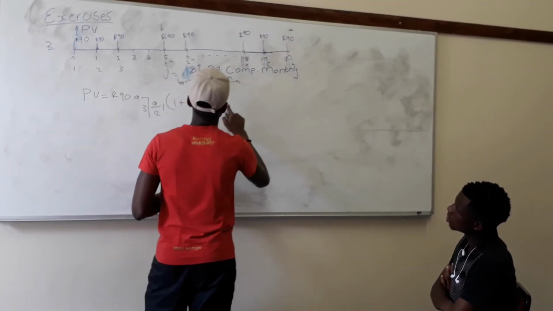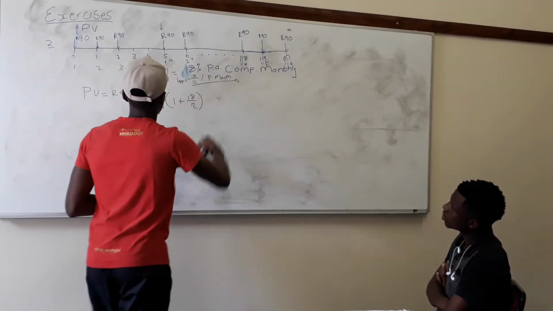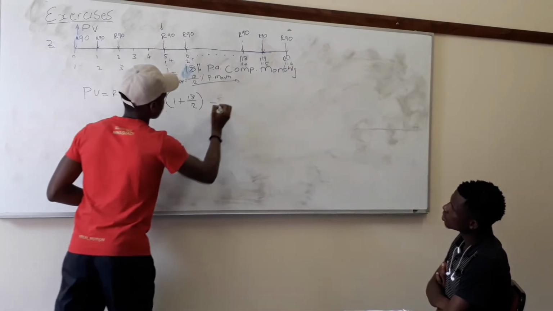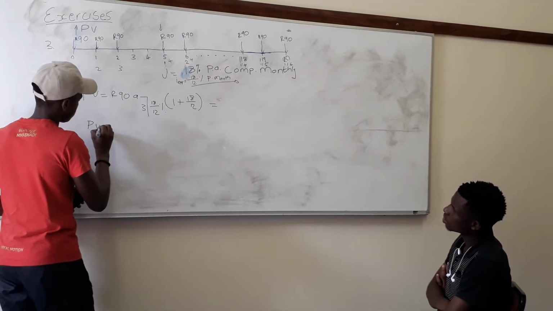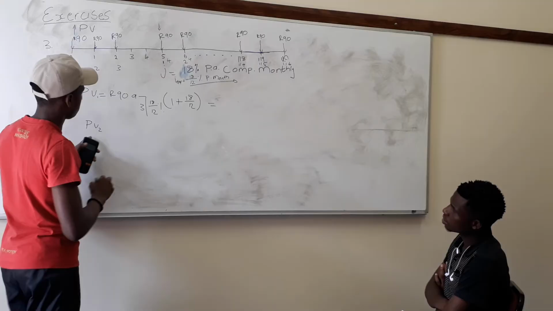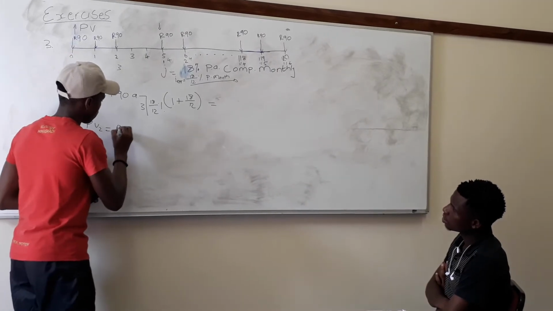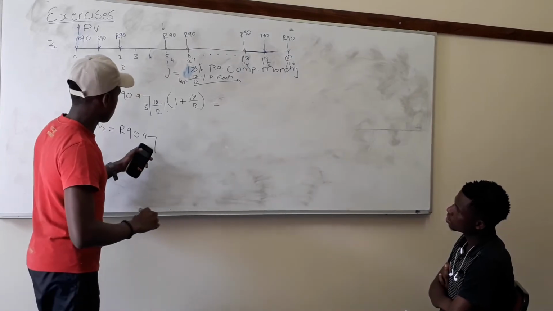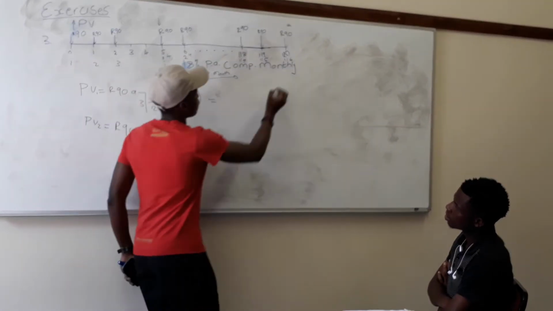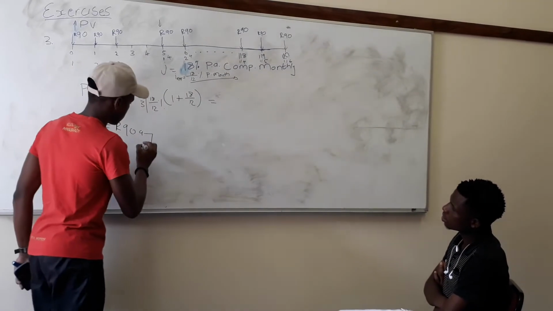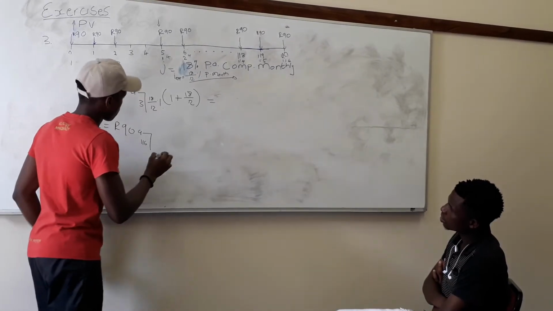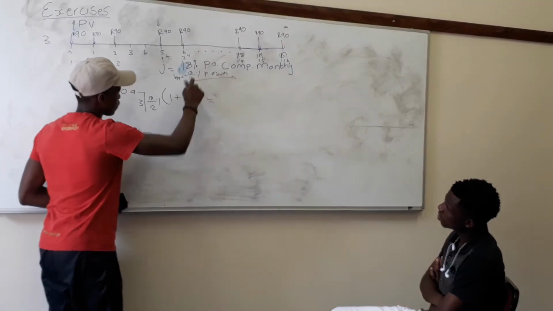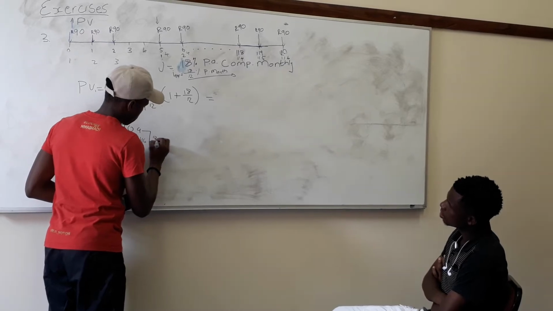Let me not do that. This is PV number 1. This is PV number 2. I'll say the payment is 90, and then I want how many payments I made. I made 116 payments, right? 116, and then the interest is this one, 18 over 12 per month.